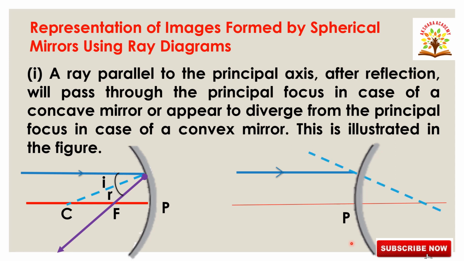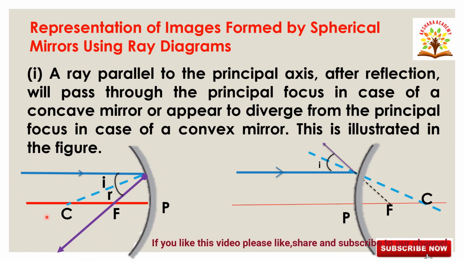And here we are drawing the normal, center of curvature C, and it diverges. Then appear to diverge from the principal focus in the case of a convex mirror. This is focus F. This is about this rule 1 in the case of convex mirror.